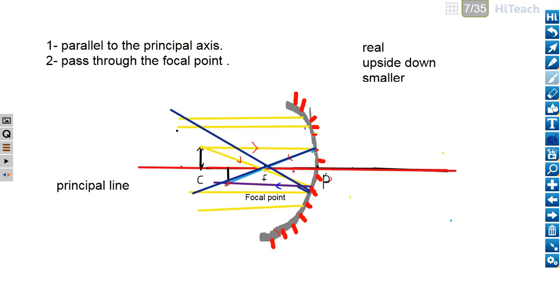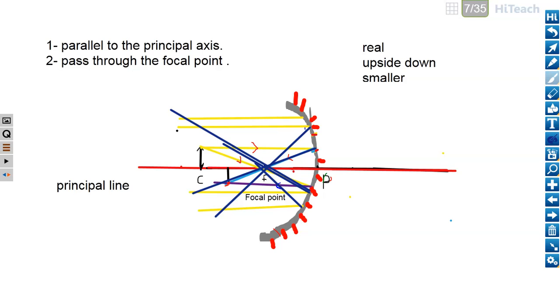Got it? This is important. Here also, and this one from this side. All of them converge at the focal point. They come together.